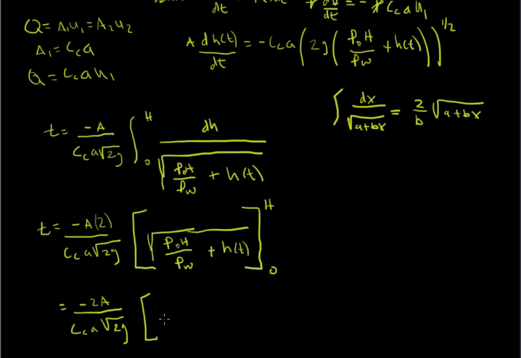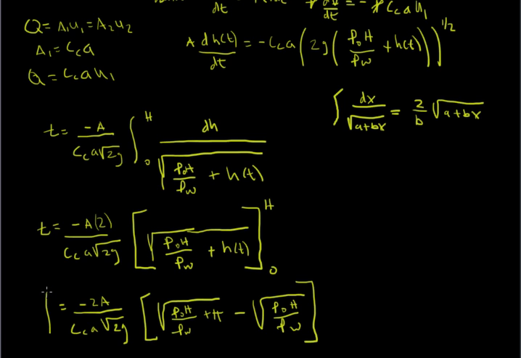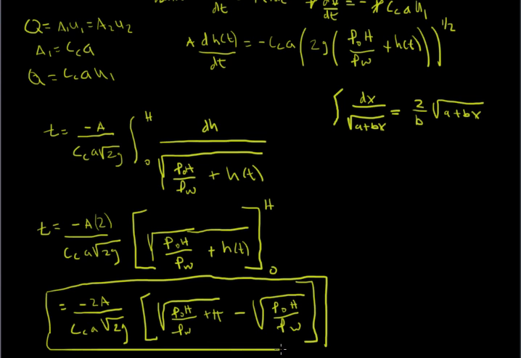If I plug H in here, I can get a square root, so we have rho O H over rho W plus capital H, and then from that we subtract the square root of rho O H over rho W, with the 0 plugged in there. So that is the final answer for this problem. That is the time to drain all the water from the tank.